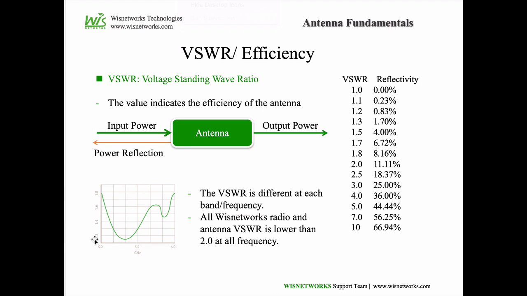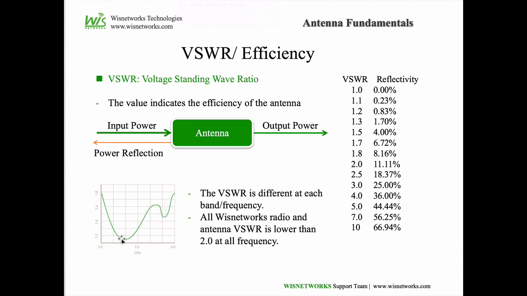And an important concept of the VSWR is that it is not a stable value. As in this diagram, you see that from 5.0 gigahertz to 6.0 gigahertz, there is a curve showing the VSWR.